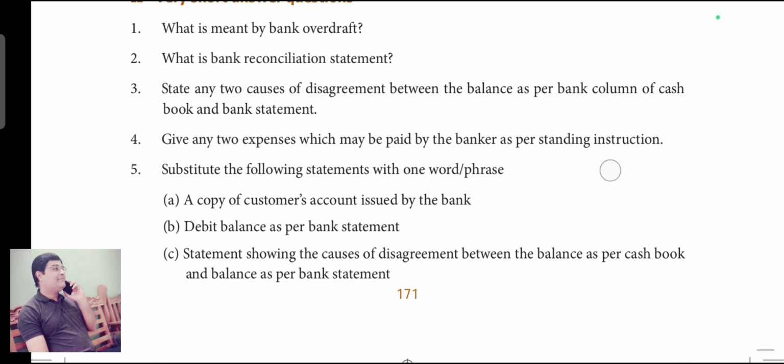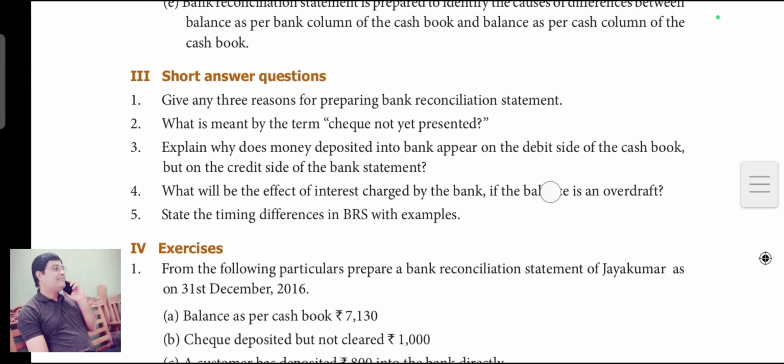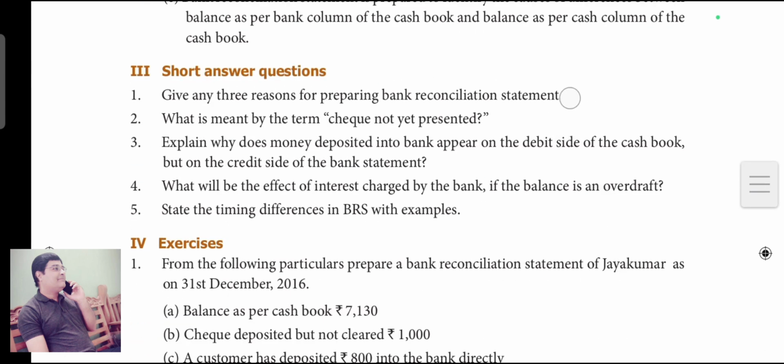First one, second one, and fourth one is very important. In short answer, first one is very important.